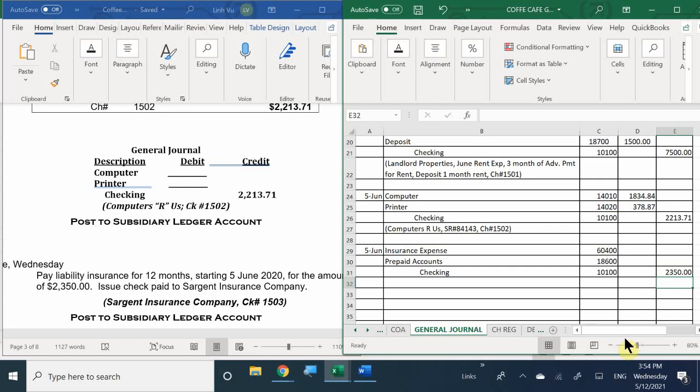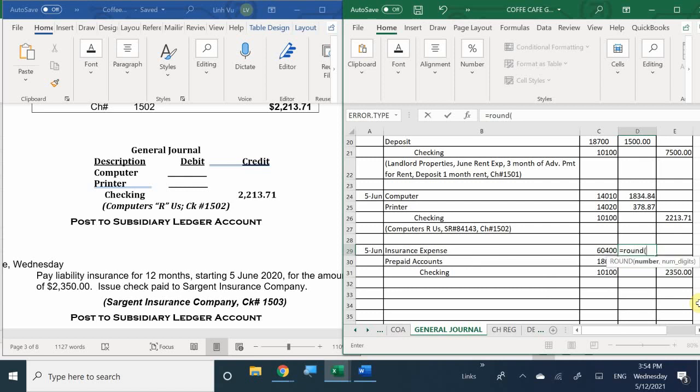Now, how do I determine how much is each insurance for each month? Or per month, let's say. Divide that amount by the 12 months. Correct. And in this case, I'm going to give you a hint. You will get an odd number, so do your equal round. 195.83 is correct.